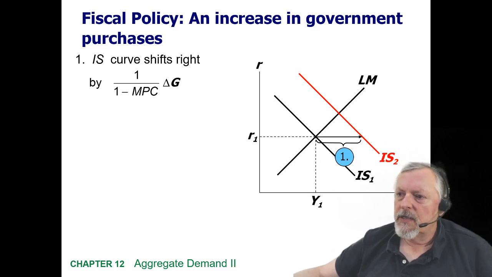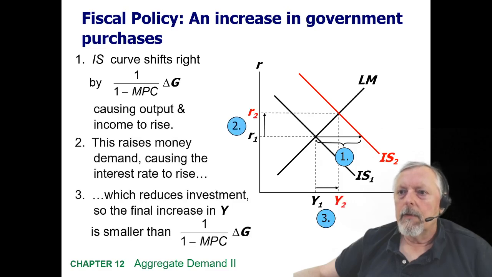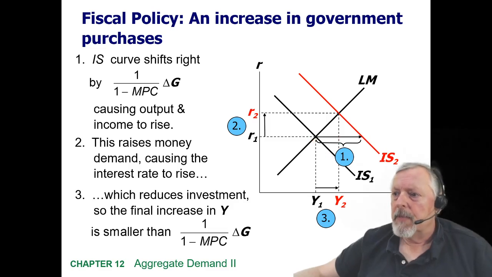So we see a short-run crowding out. The increase in output is less than the simple Keynesian cross model would have predicted. It's only this amount, 3, instead of the full amount, 1, because that model doesn't include changes in the interest rate.